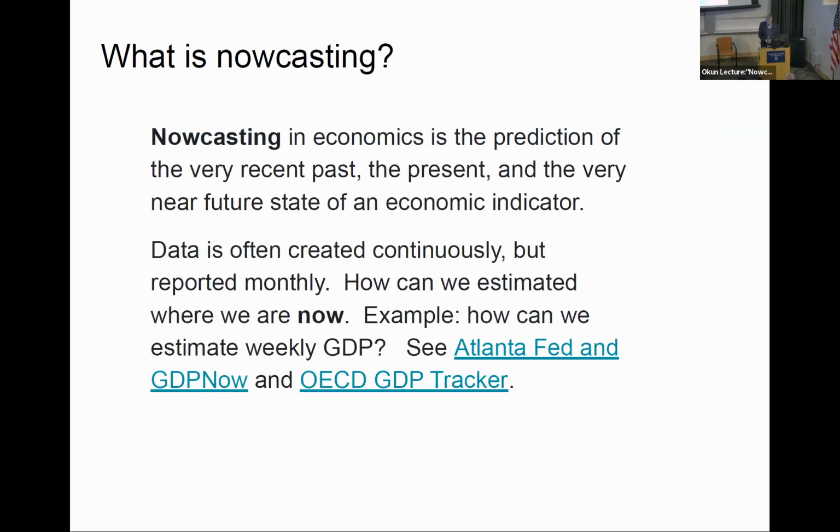So what is nowcasting? It's a prediction of the very recent past, the present, what's going on now, and the future of, again, usually a very short time difference. It's very common to see lots of data in business or in government that's created in a continuous way.